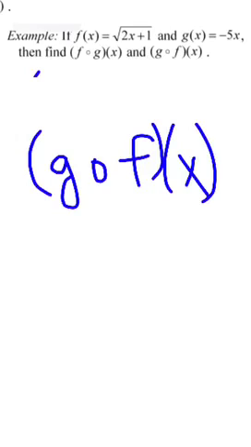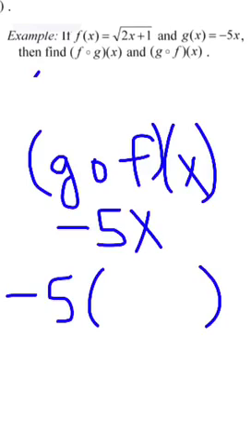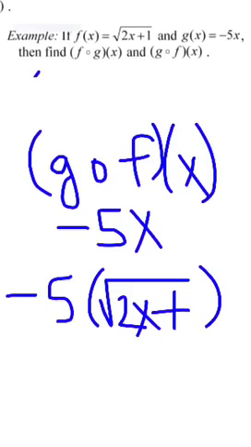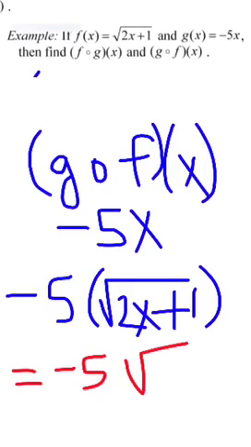So g of x, we have negative 5x. And replace that x with f of x. In this case, square root of 2x plus 1. There's no combining we could do, so our final composite function is negative 5 times the square root of 2x plus 1.